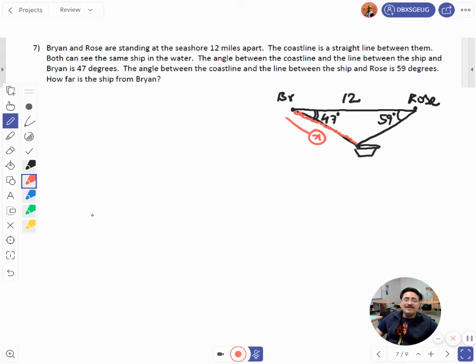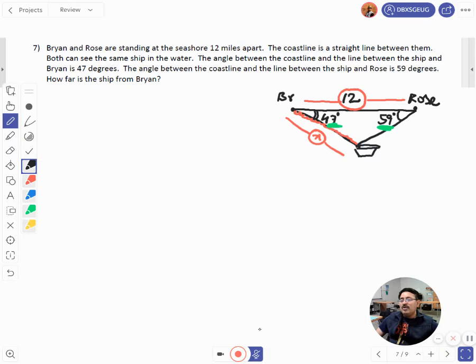Now please notice that two sides are given, and I see that two angles, one is 47 and one is 59. Therefore, which rule do I have to use? Think of it. Awesome. That is the sine rule.